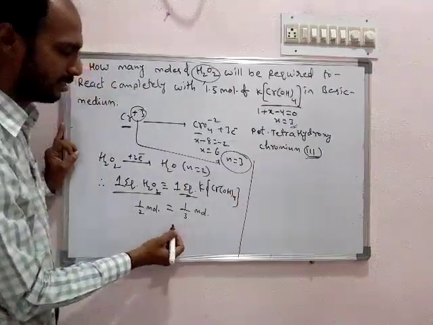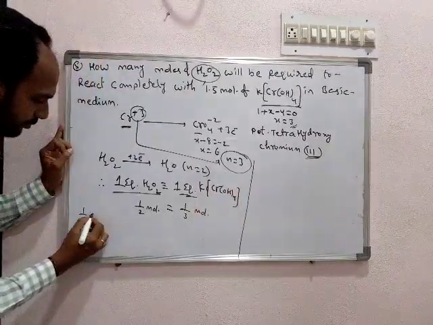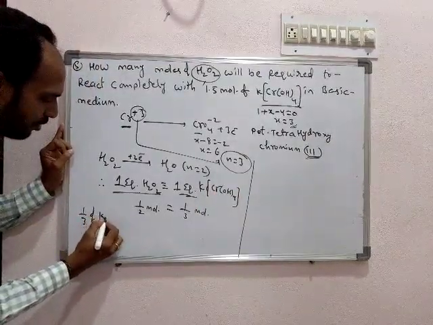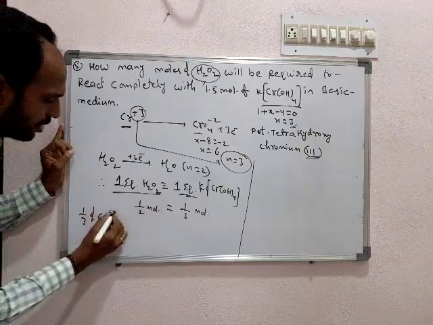Okay, this is 1 by 3 of the potassium complex, nothing but 1 by 3 of Cr plus 3.